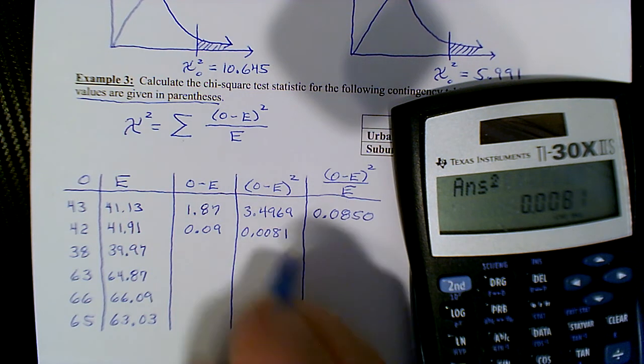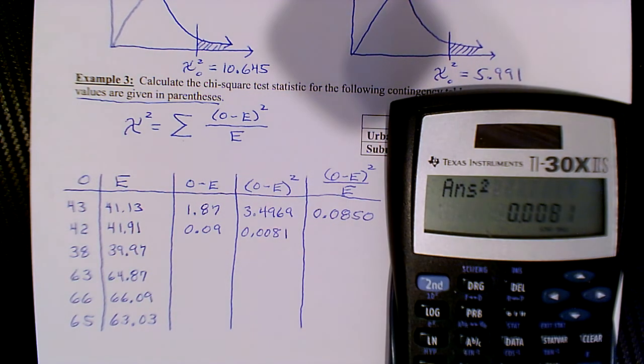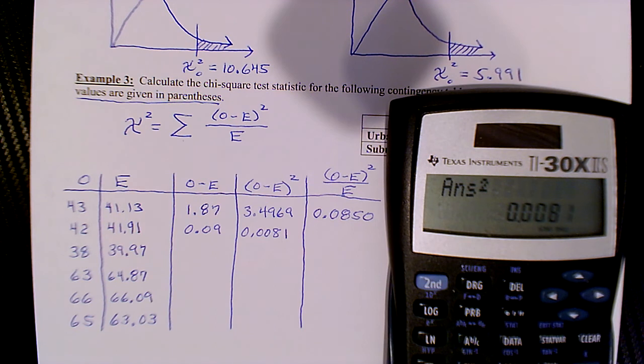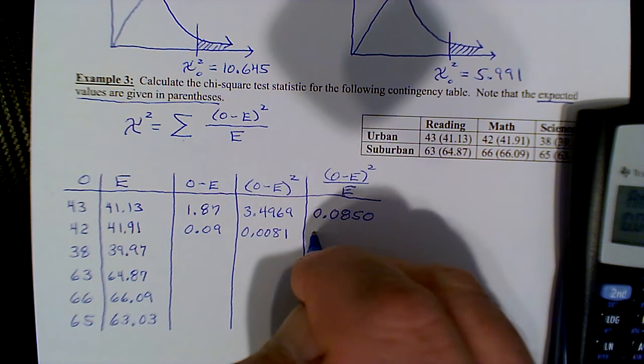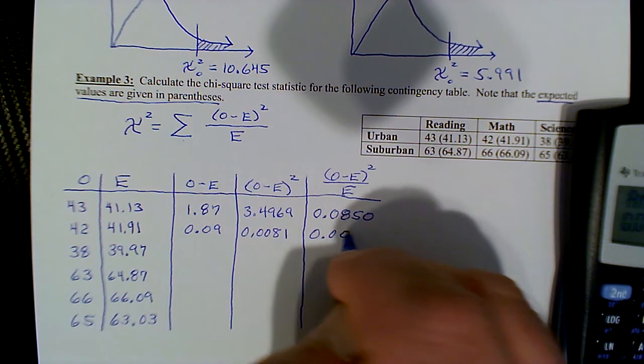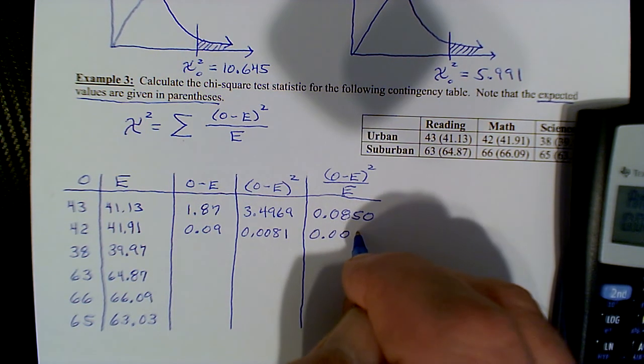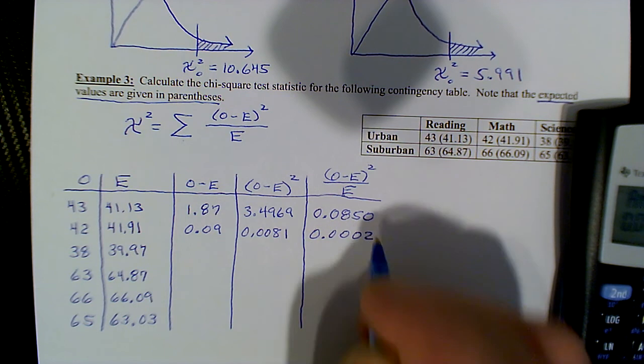But again, really not necessary to write that down, because all I'm doing is dividing that result by the E, which is 41.91, and we get 0.00019. So I'll call it 0.0002, just round that.